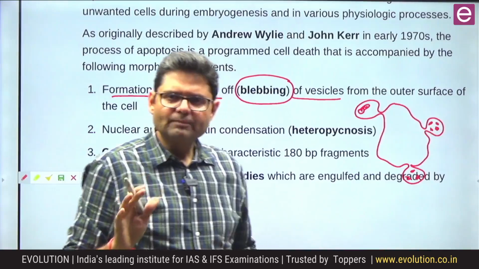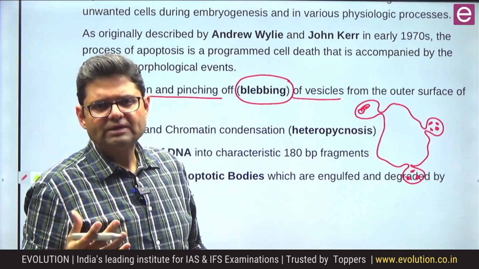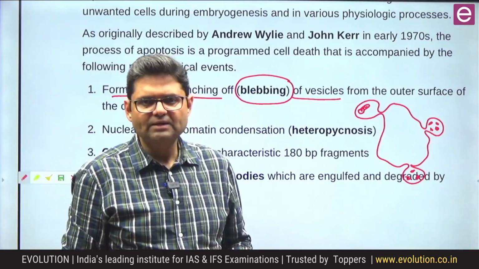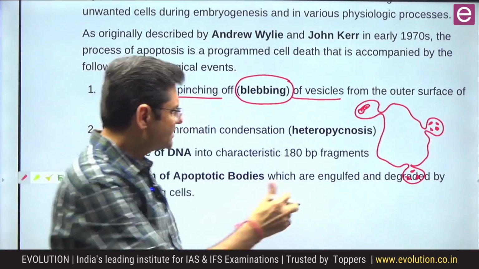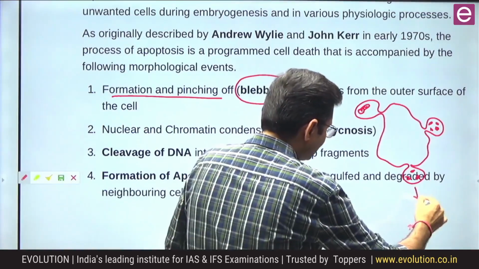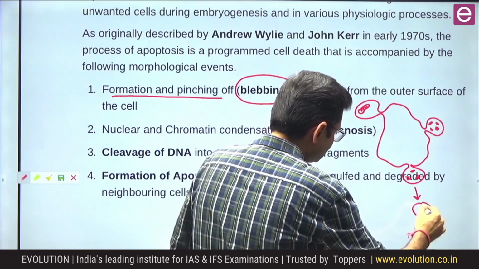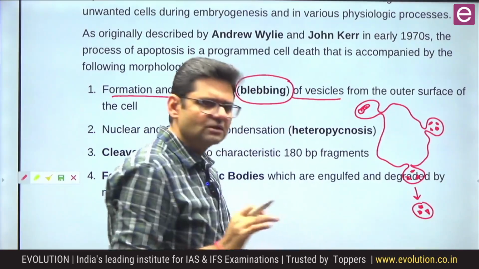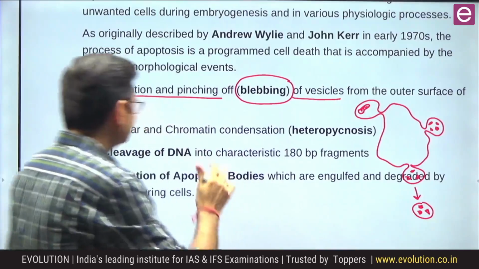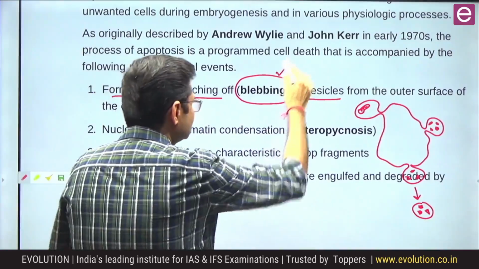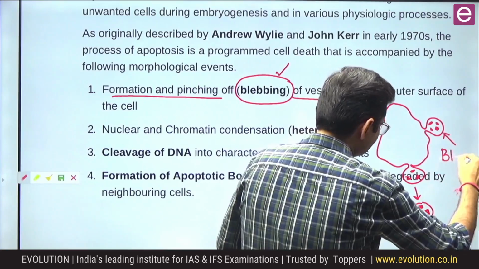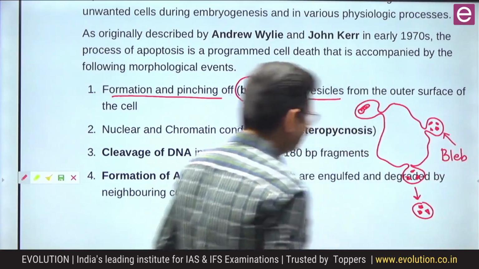Macrophages are actually present in most tissues of the body. These structures, which are outbound vesicles, carry the debris of a dying cell. So first thing is blebbing. These structures are called blebs. This is a bleb.